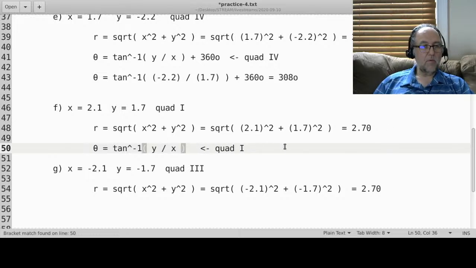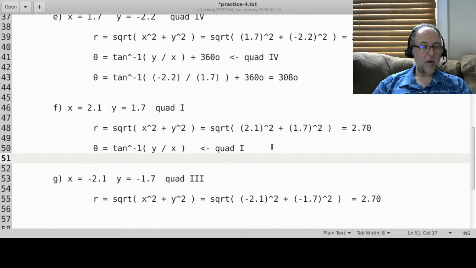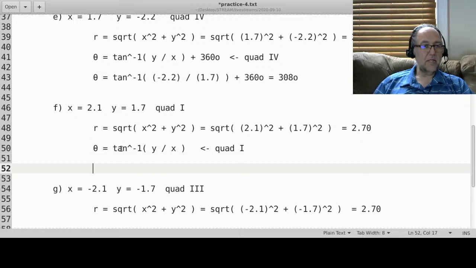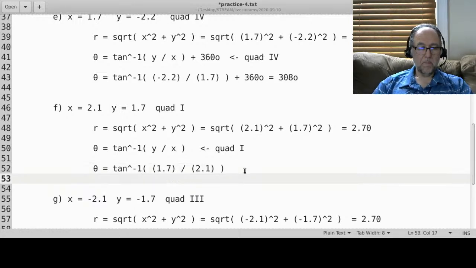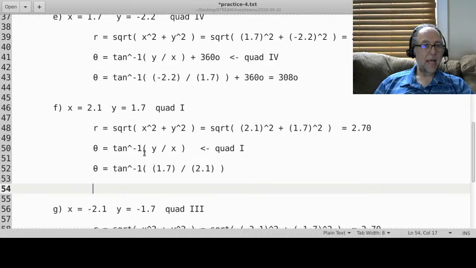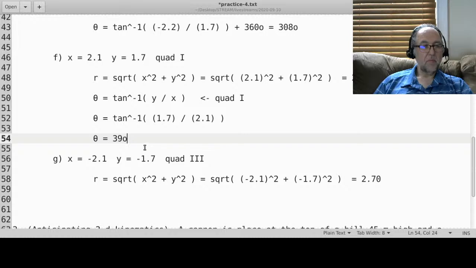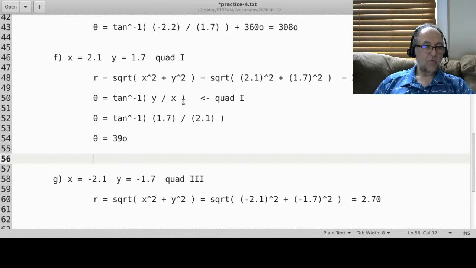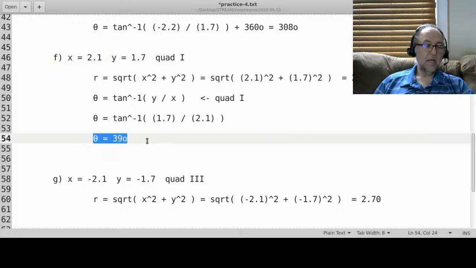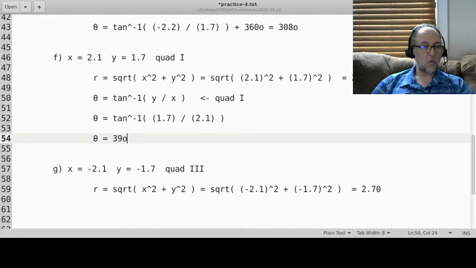So you have the inverse tangent of y over x, and if you substitute in the numbers, you're going to get inverse tangent of 1.7 divided by 2.1, and that's going to give you 39 degrees. So there's the angle for the first one, and it is in quadrant 1. You expect the angle to be between 0 degrees and 90 degrees, and it is. So that's working out.